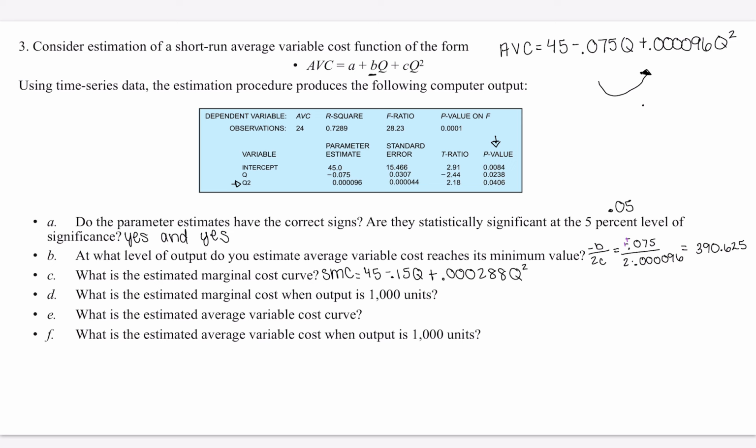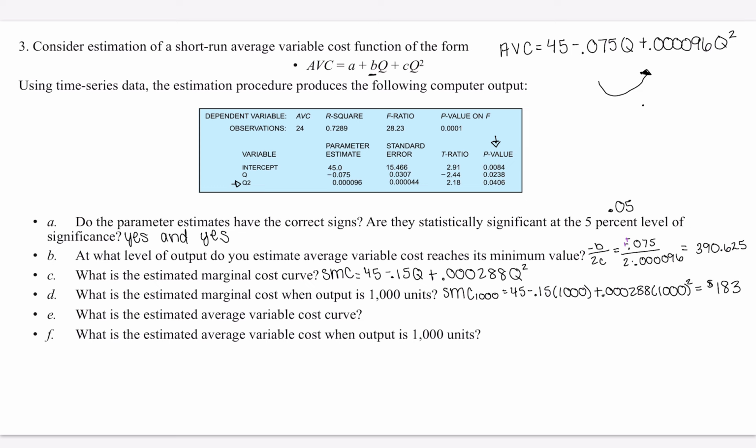What is the estimated marginal cost when output is 1,000 units? So we're going to plug that into the formula we just found. It's going to be 45 minus 0.15 times 1,000 plus 0.000288 times 1,000 squared. And that's going to give us $183.